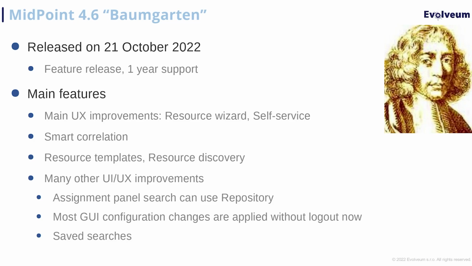We will talk about it in the context of resource wizard, resource discovery as well, and many more user experience improvements, like assignment panel can now use a repository. This is not only user experience, it's also potentially critical thing for some deployments. GUI configuration changes are applied without logout now. That's a very handy thing. And there are also saved searches. So let's talk about these things.